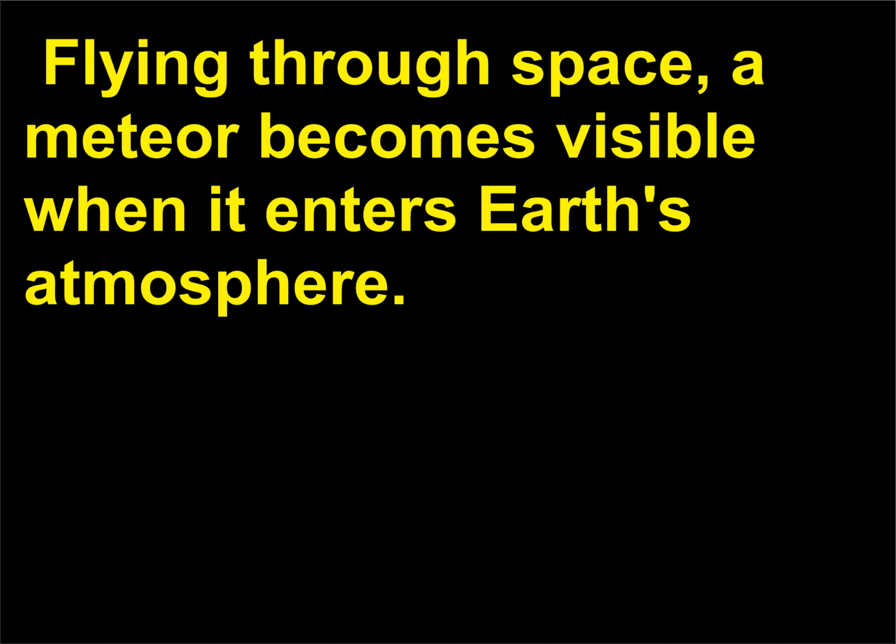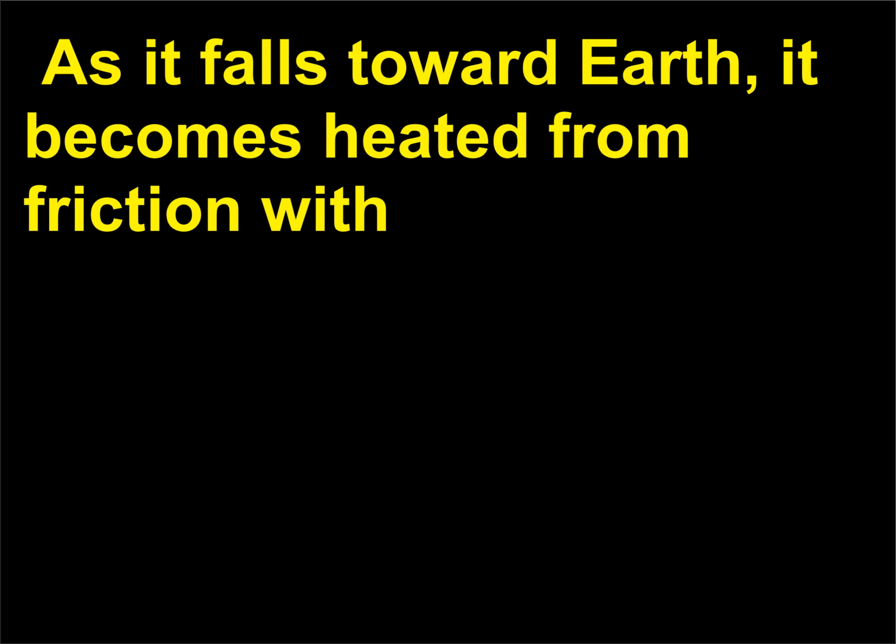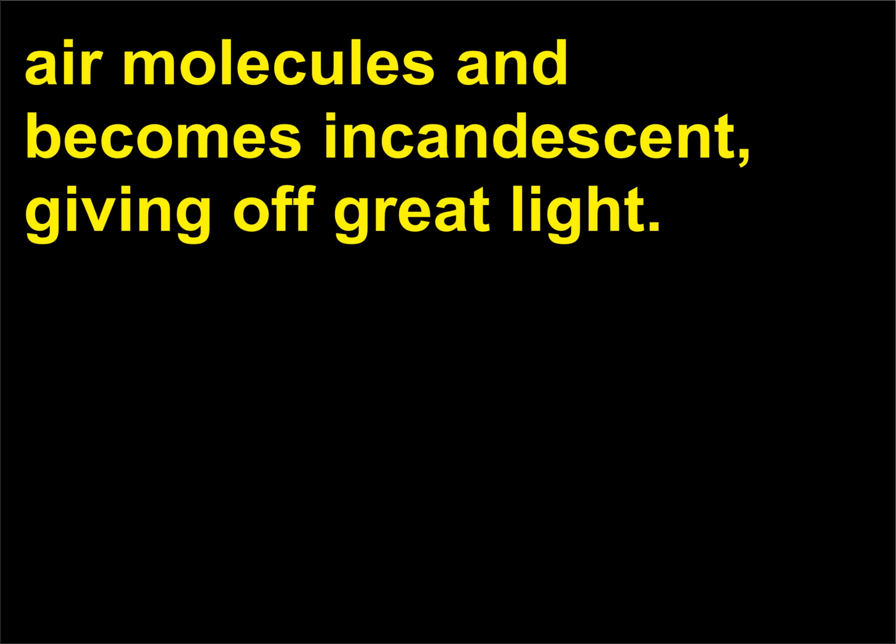Flying through space, a meteor becomes visible when it enters Earth's atmosphere. As it falls toward Earth, it becomes heated from friction with air molecules and becomes incandescent, giving off great light.